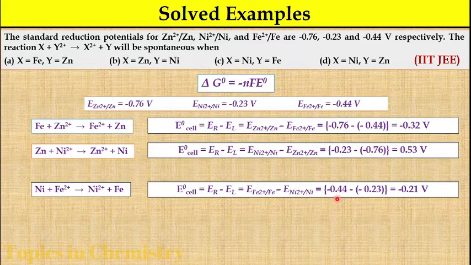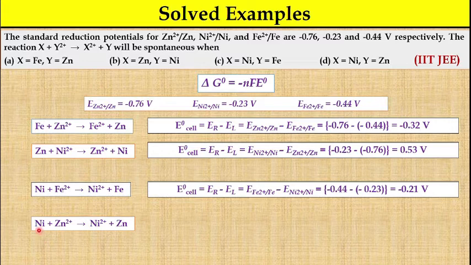So E Fe2 plus/Fe value is equal to minus 0.44 volt minus Ni2 plus/Ni, which is minus 0.23 volt, minus of minus 0.23 volt, that will give you minus 0.21 volt. Again you can see this is negative, so this reaction again is non-spontaneous.